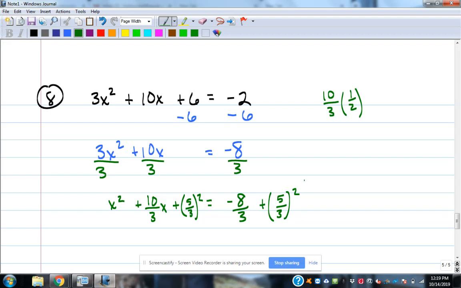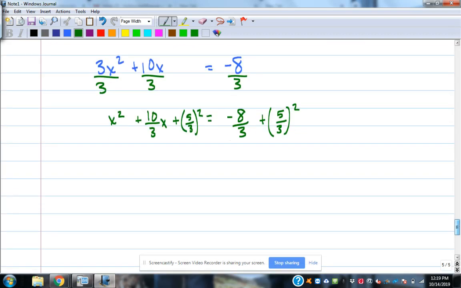Because that's what the process for completing the square is. Now, when I square 5 over 3, that's going to be 25 over 9. Right? What's the factoring on the left side?